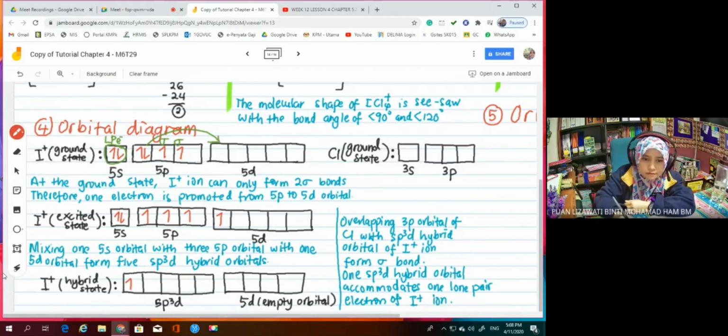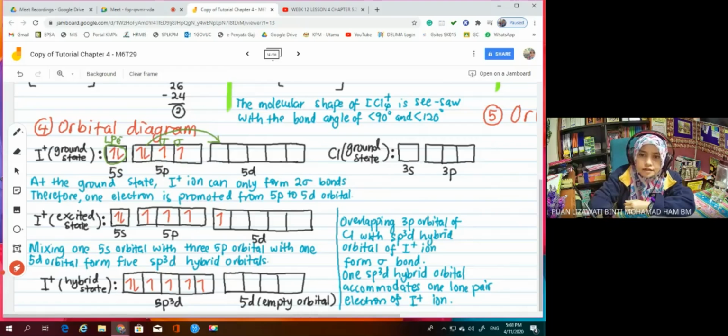Like this. Now we can see that there are 4 empty 5d orbitals. Then we have to write it down in the hybrid state and label the 5d empty orbitals.